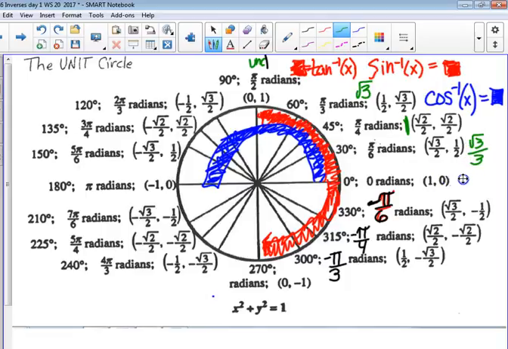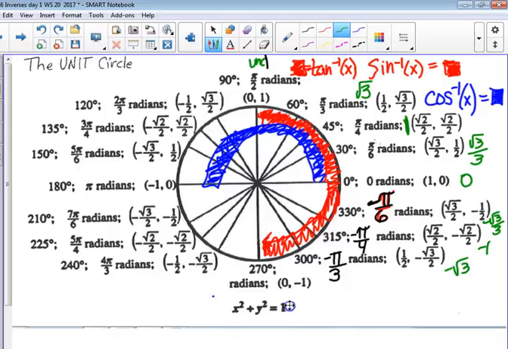Y over x, 0 over 1 is 0. What about down here? Y over x, negative 1 over square root of 3. Everybody all right? Negative root 2 over root 2, negative 1. Negative square root of 3 over positive 1. And down here it would be undefined again.